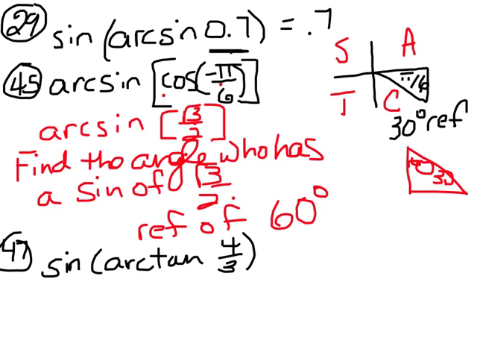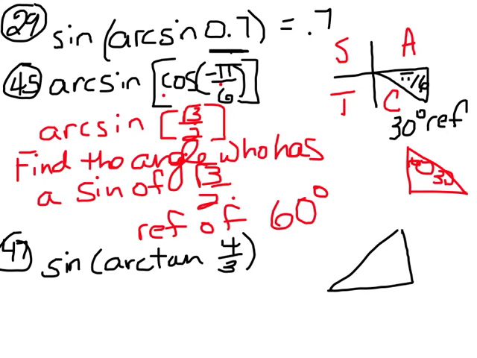So if I'm going to look at this, we're talking about arctan now. It's kind of like they've switched the place of some of this stuff from 45. Here we start off trying to figure out an angle, right? Sort of, but not really. It looks like we need to know the angle that has an arctan of 4/3.